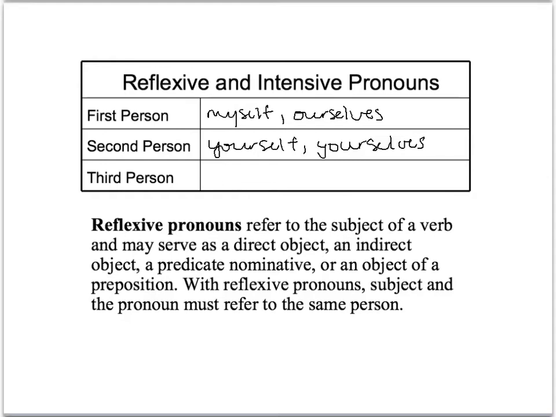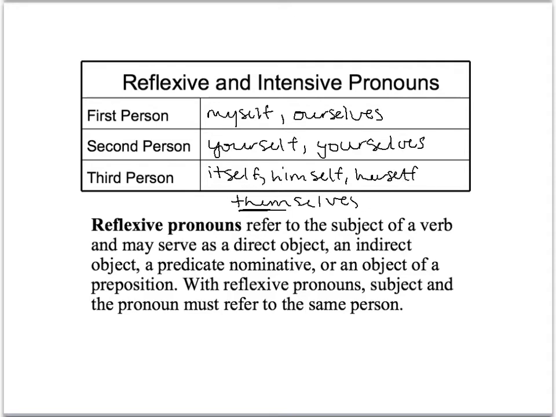Third person singular is itself, himself, herself, and then the plural is themselves. Note that "theirselves" and "themself" are not words, only themselves.